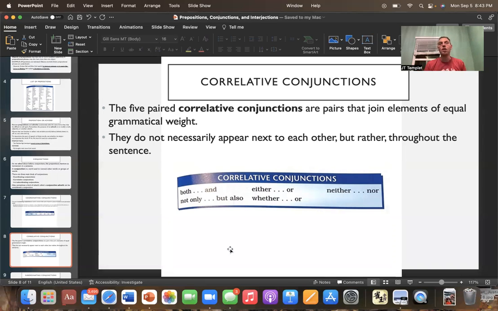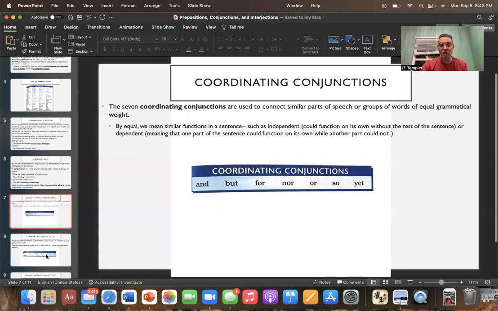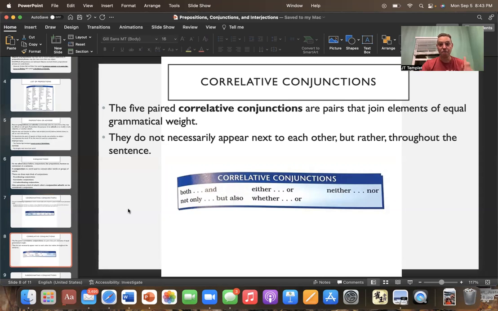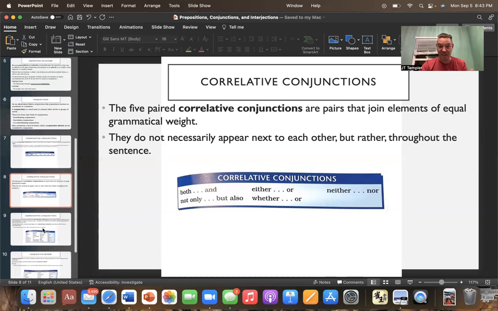For example, I could go either to the store or to the movies. Those choices are equal, right? I can do one or the other. So if we think about that again, coordinating conjunctions and correlative conjunctions both join elements of equal weight.